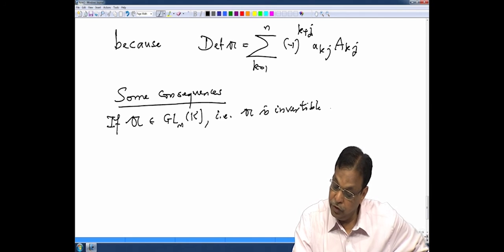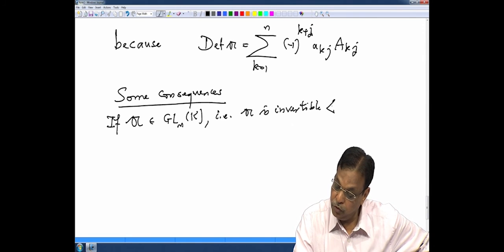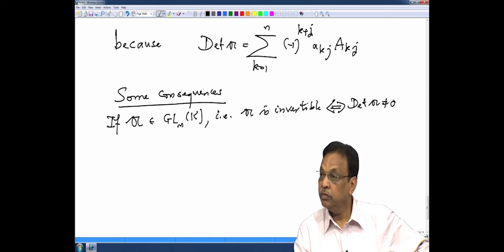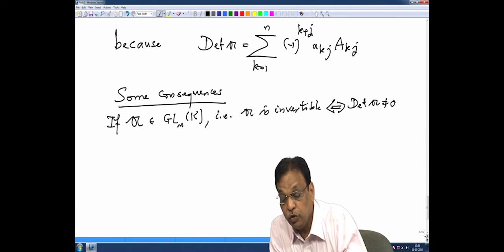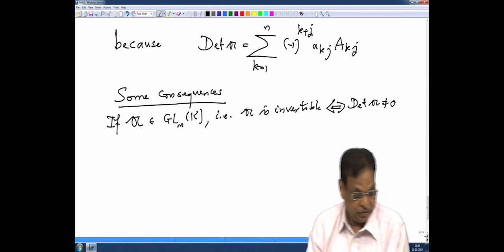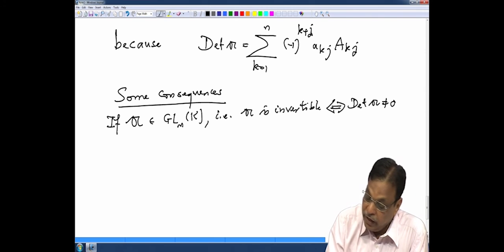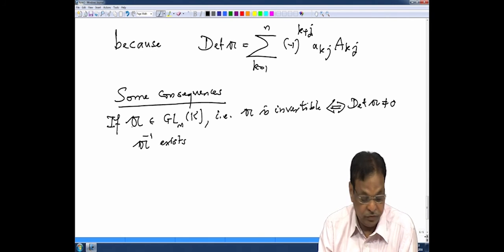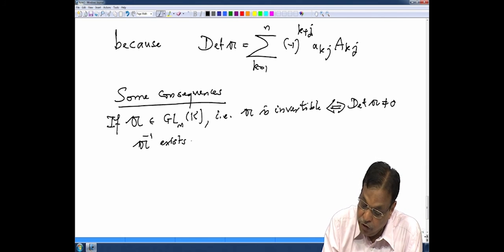Remember that we proved earlier that this is equivalent to the determinant being non-zero. This also we proved by using the standard determinant function. That means A inverse exists, and we want to compute A inverse. Then we can actually write down a formula for the inverse.